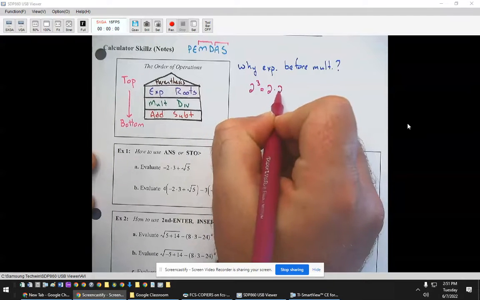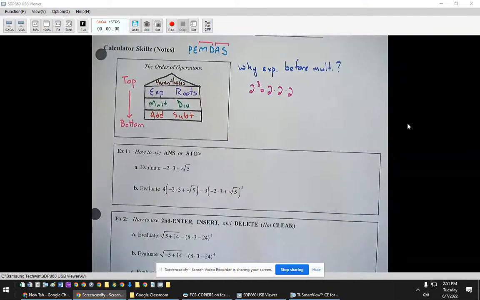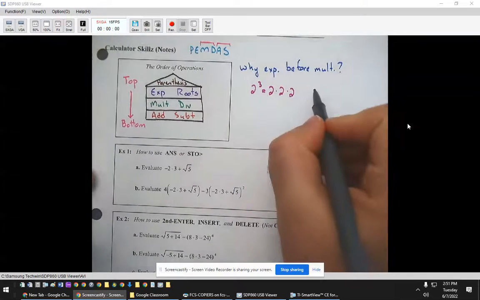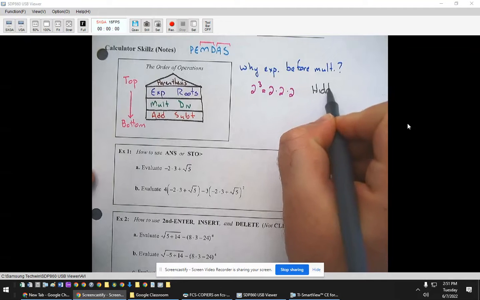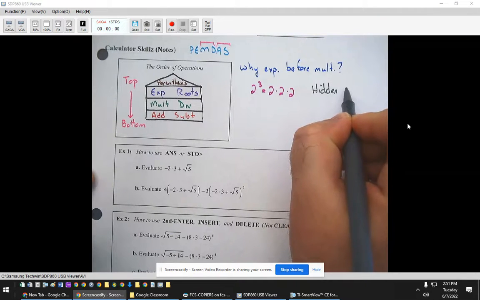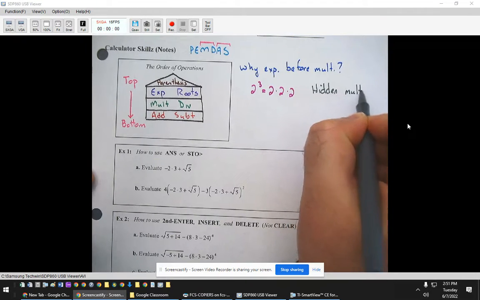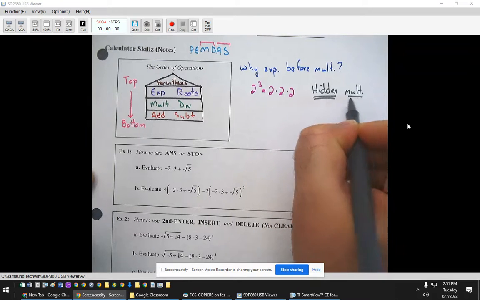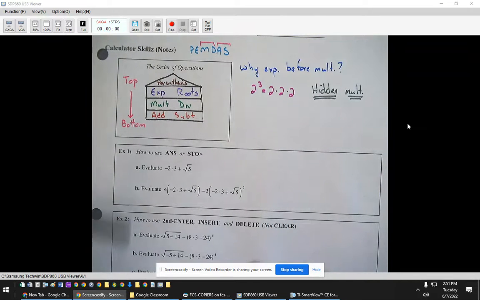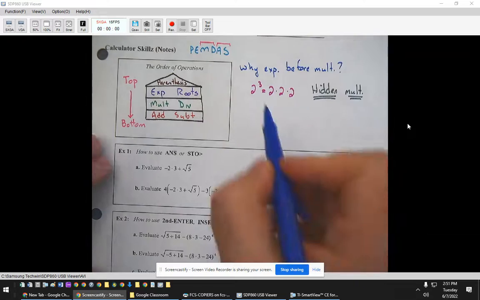It means 2 times 2 times 2. So exponents are actually hidden multiplication. So I can't do the real multiplication until I do the multiplication that's hidden within exponents.